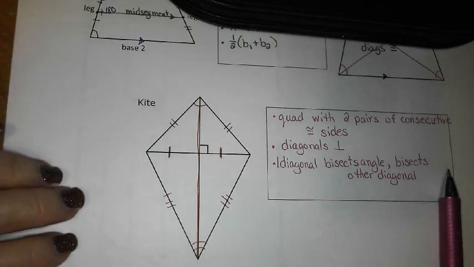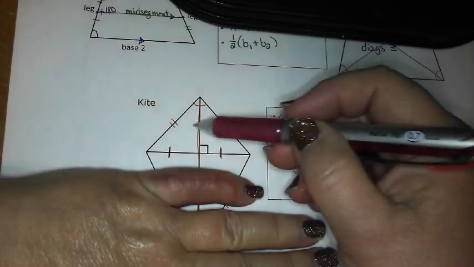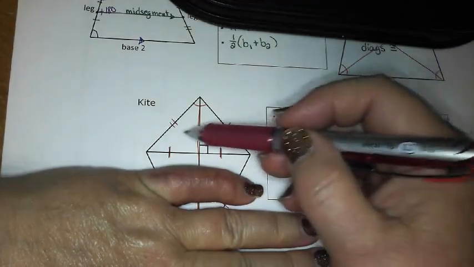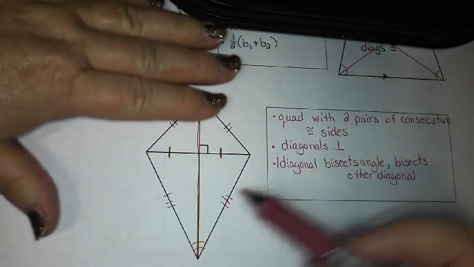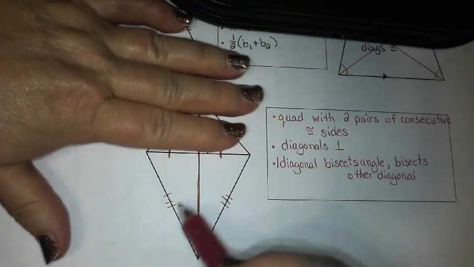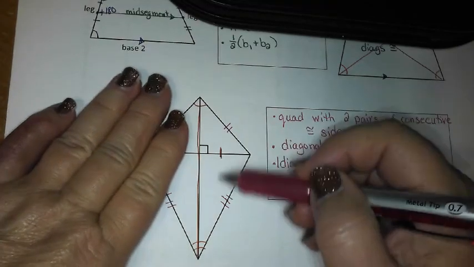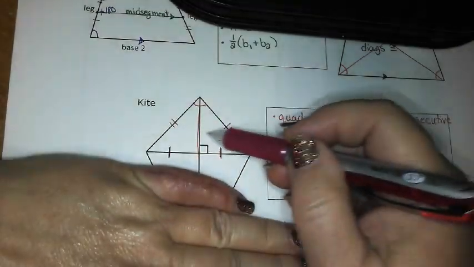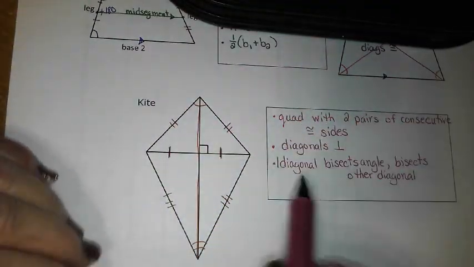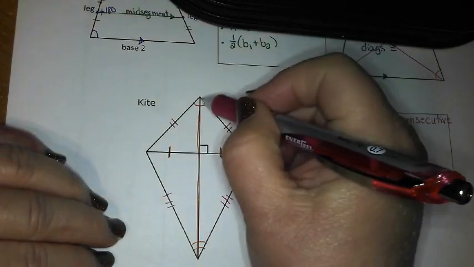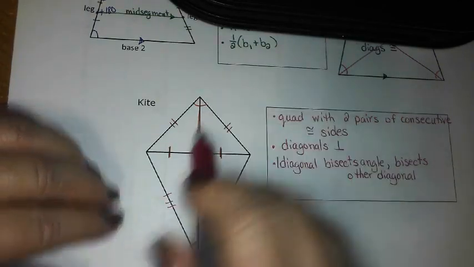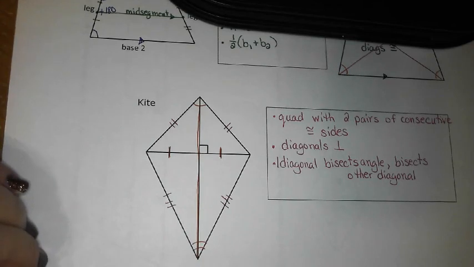If you look carefully, you'll notice that these two triangles at the top are congruent to each other, and these two triangles on the bottom are congruent to each other. Not this way, but this way. So one of the diagonals bisects these two angles, and it also bisects the other diagonal.